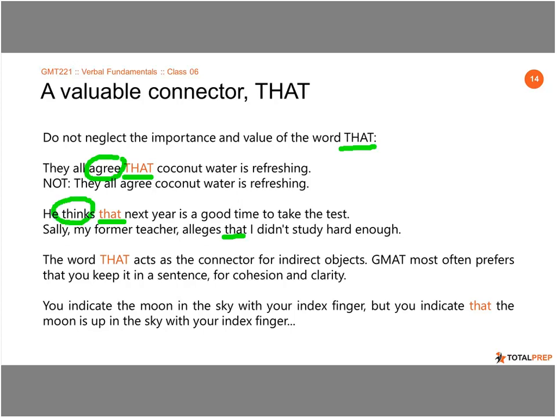So take a look at these verbs. Watch out for these verbs, okay? There will be a class where we are going to talk about verbs that need this kind of structure, and the word that acts as a connector for indirect objects.